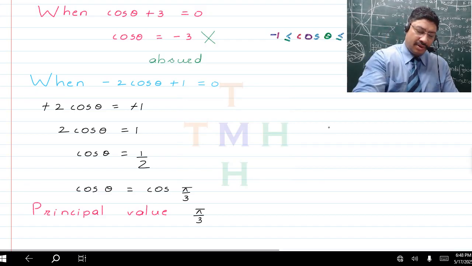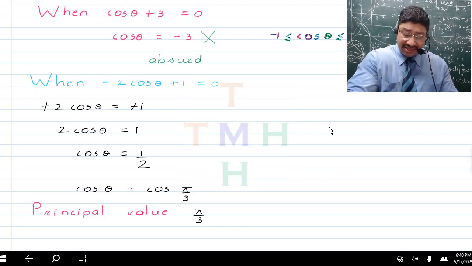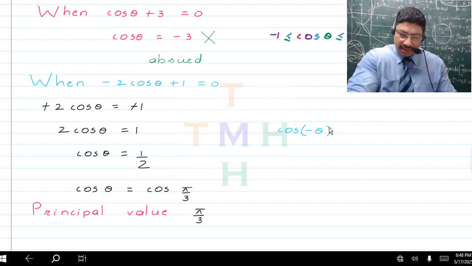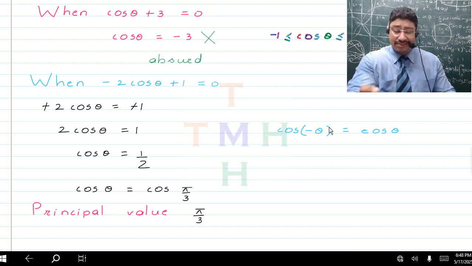Let's look up this formula. In times to come, you will study this formula. Probably you already studied it. That is, when we talk about cos of minus theta, this angle falls in the 4th quadrant as theta is acute. This becomes equal to cos theta, right, as in the 4th quadrant cos is positive.